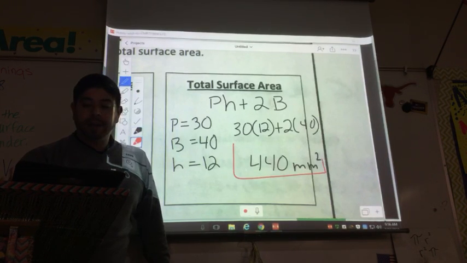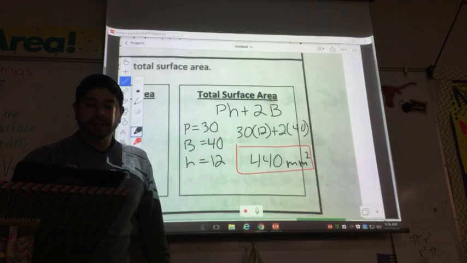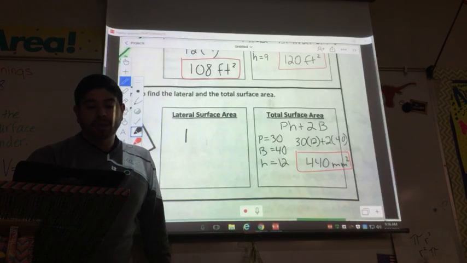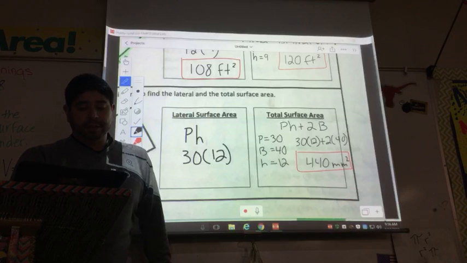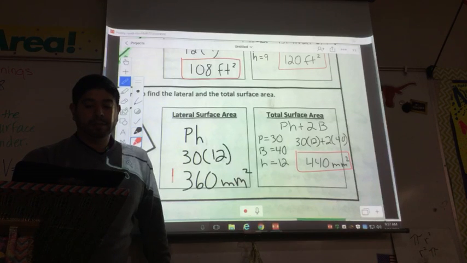So now once we have that, the lateral surface area is easy. P times H. So 30 times 12. What do we get? 360. 360 millimeters squared.